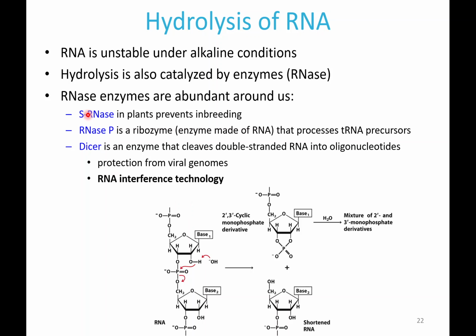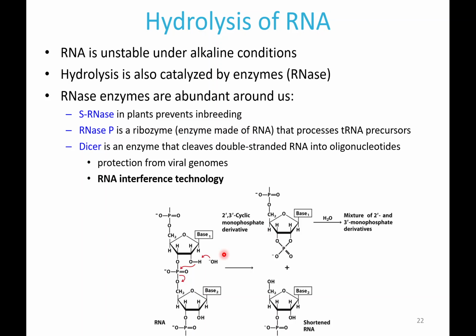For one, this plant RNase prevents inbreeding in the plant, which is a good thing, because a lot of inbreeding is going to affect the progeny, and the progeny will be susceptible to certain poor genetics.